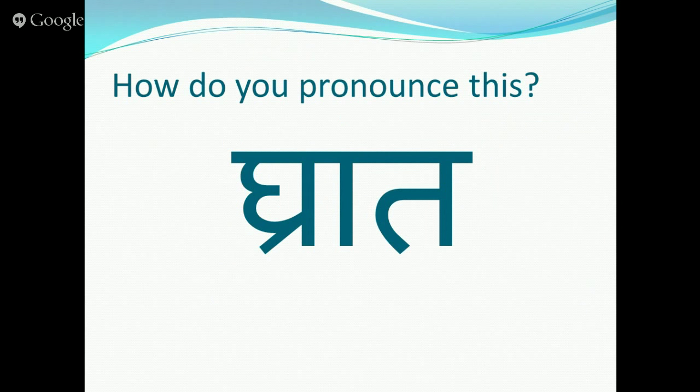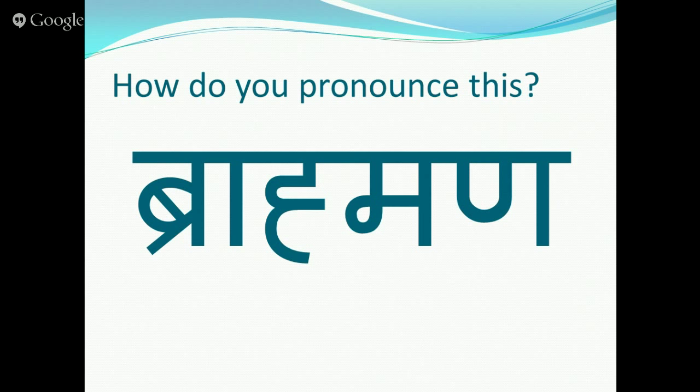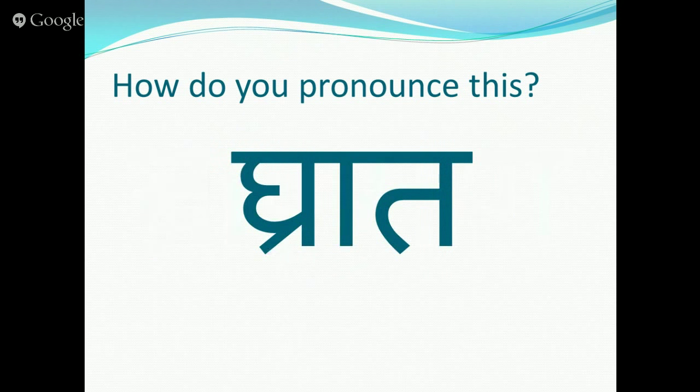How about this? How is this pronounced? This is pronounced ghara. Remember? Aspirated gha followed by ra followed by ta, which is the ta where your tongue touches your teeth.